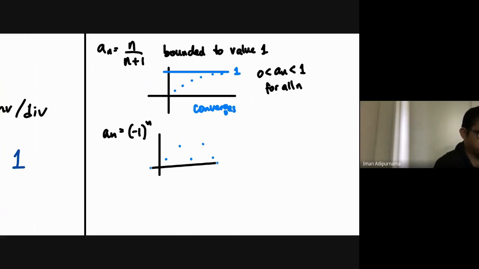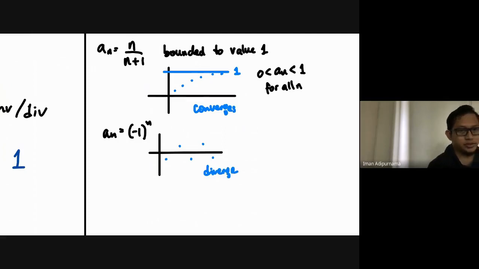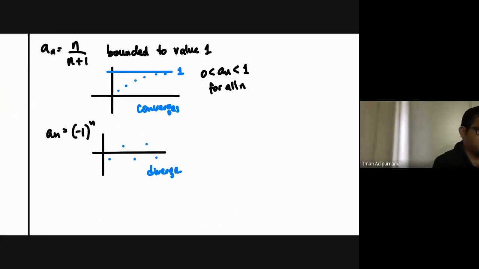Or maybe it's in between here, because it's negative, right? But here, like I said before, it's diverge. Okay? Diverge. Okay. So let me write one more time.